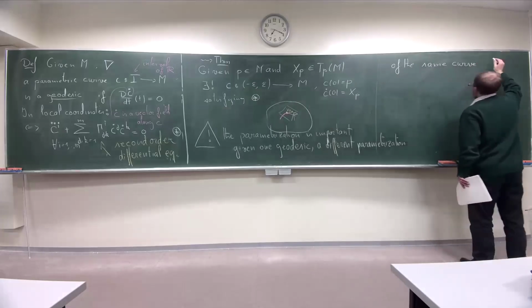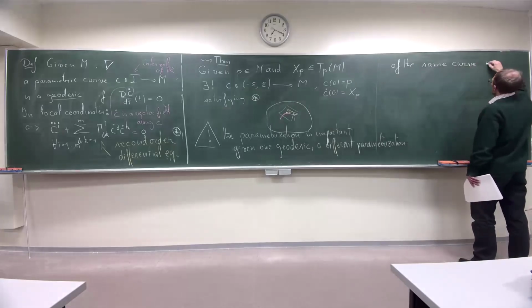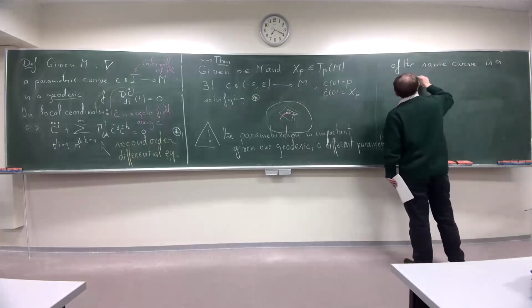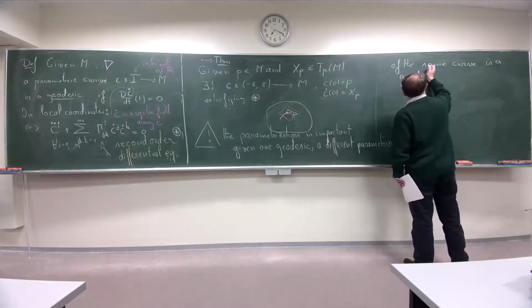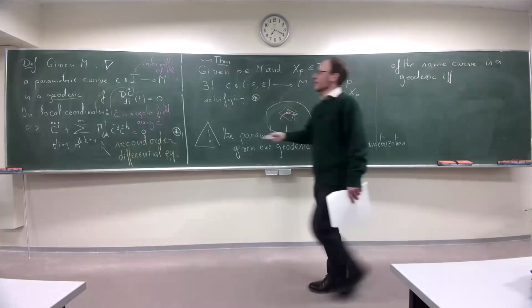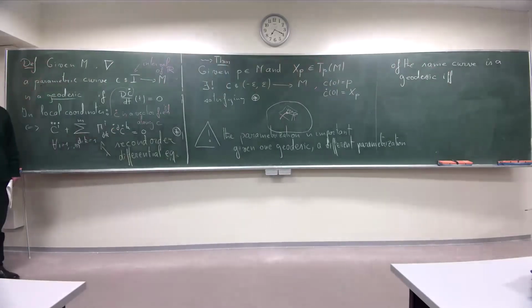In fact, I can be even very precise. A different parametrization of the same curve is a geodesic if and only if, can you guess? If you look at this equation, you could guess. There is no linear term. You have always a derivative. So the solution can accept a constant because when you take the derivative, the constant will disappear.